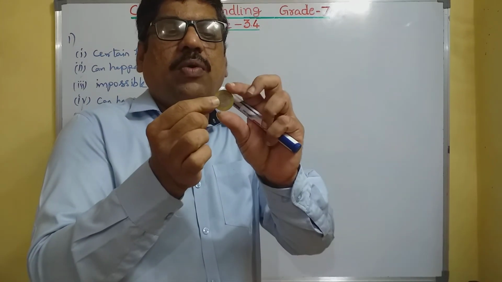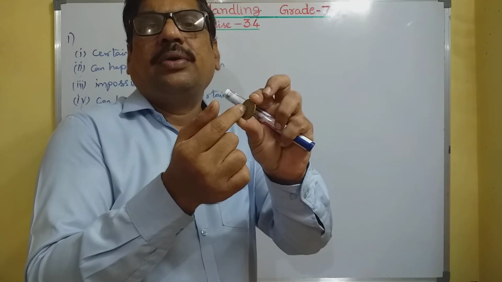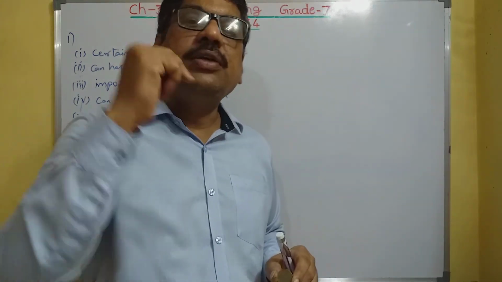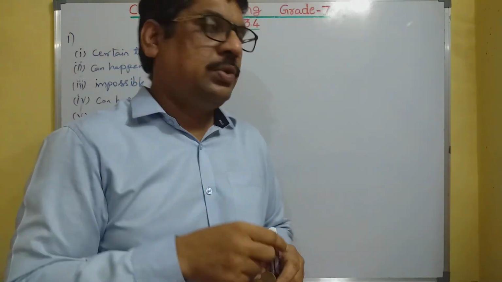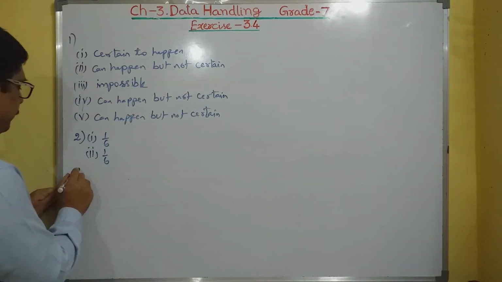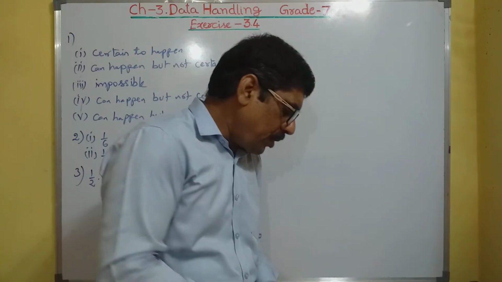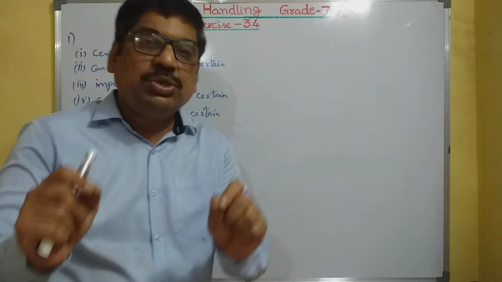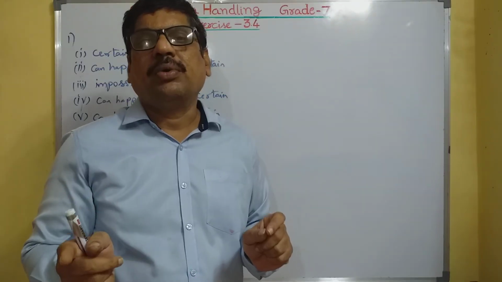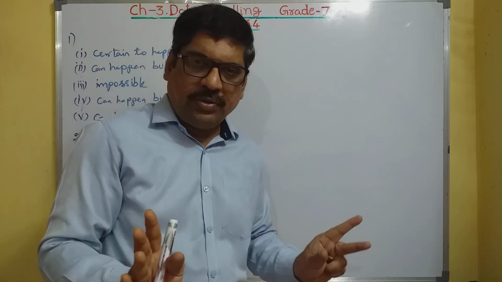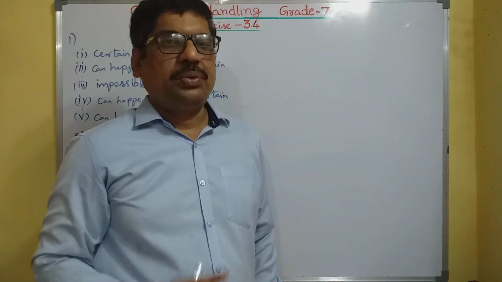Because there are 2 outcomes, head and tail. You will choose only 1 out of 2. So the probability is 1 by 2. So the probability that your team starts the game is 1 by 2. Whether you have selected head or tail, whatever it is, the probability is 1 by 2 only.